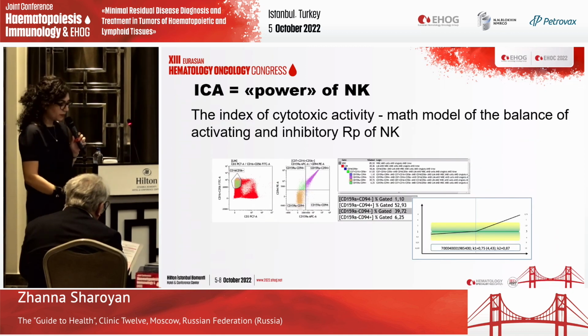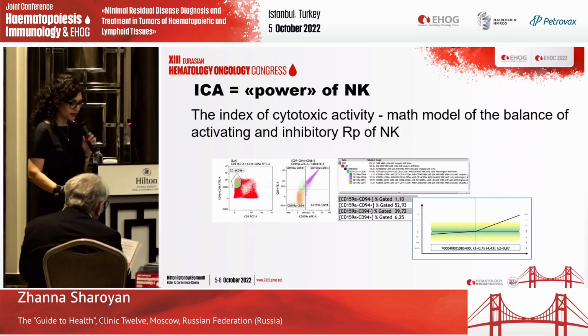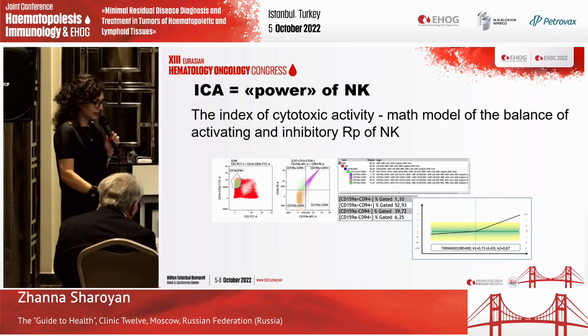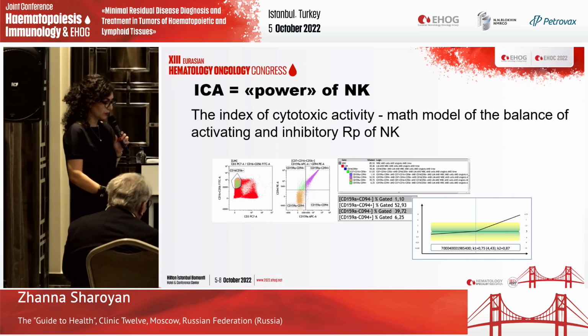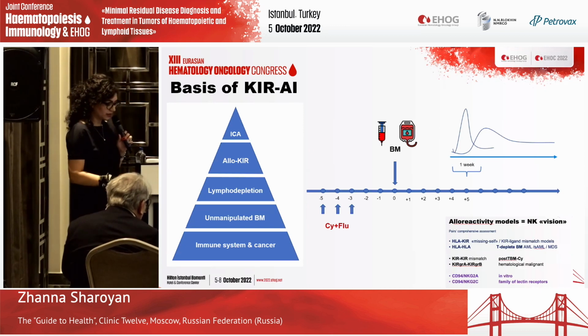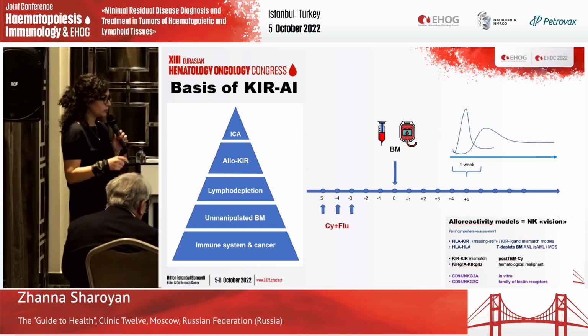To describe the power of the immune cells, a mathematical model was developed. The index of cytotoxic activity reflects the balance of activating and inhibitory receptors of mature NK cells. Successful treatment requires both alloreactivity and high index of cytotoxic activity.